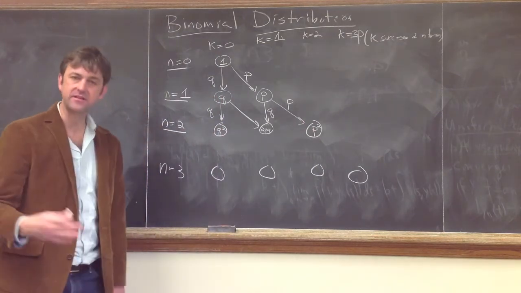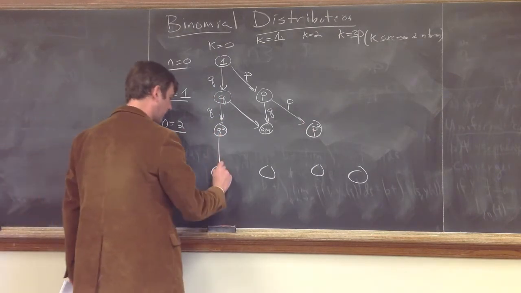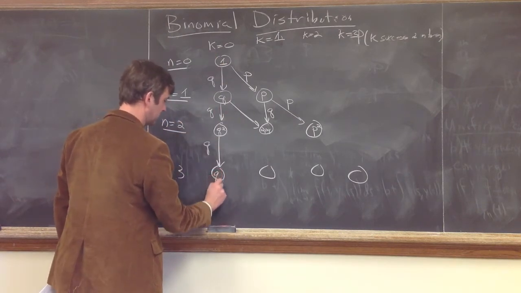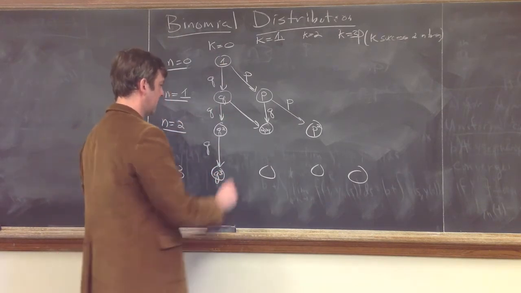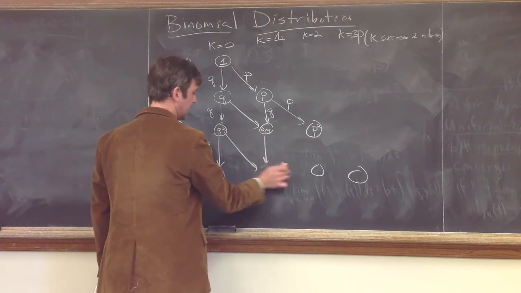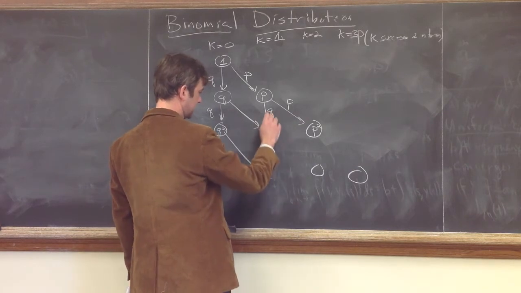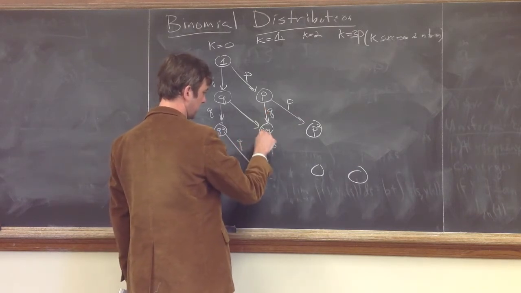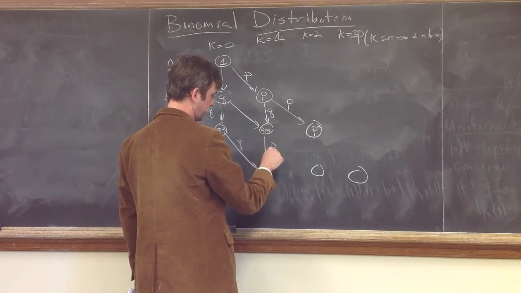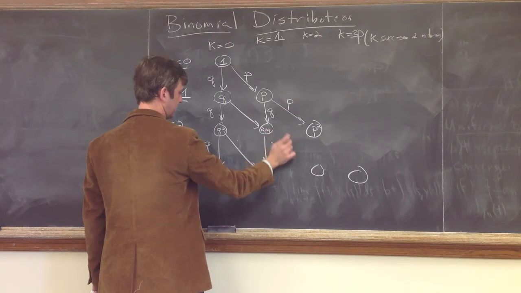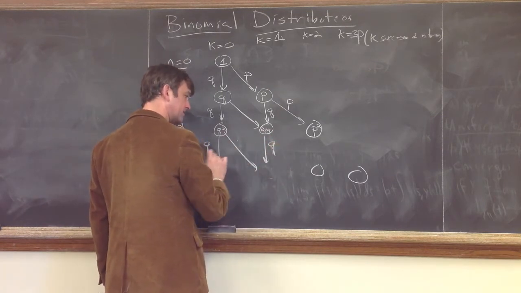Now just to see if you're getting the idea, we'll go down one more. This one is q again, all failures, and that's q cubed. Now, there are 2 different routes to get here. This happens with probability p, and this happens with probability q, so this one is pq times p, and this is the failure, excuse me, I got that wrong, do you see I got it wrong?